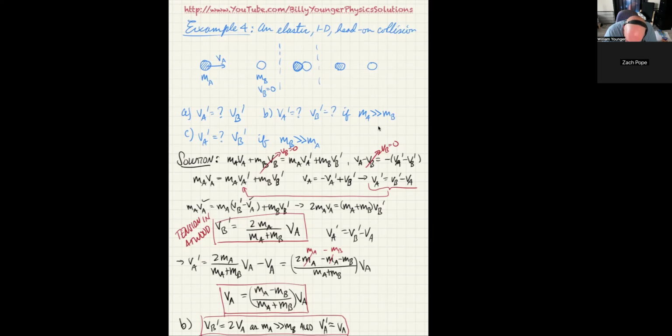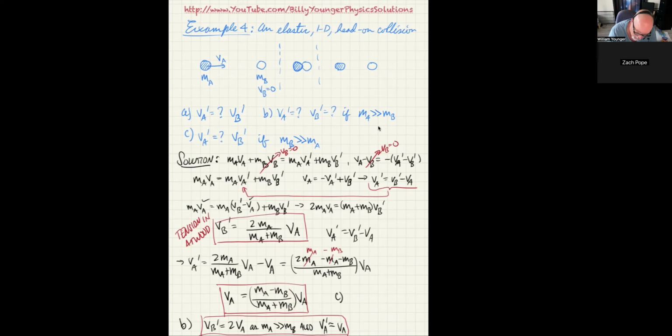If MB is much, much greater than MA, then the MB on the numerator is essentially just going to be negative MB. And this MB plus MA is essentially just going to be MB. So these MAs are negligible, and you end up getting negative MB over positive MB times VA.